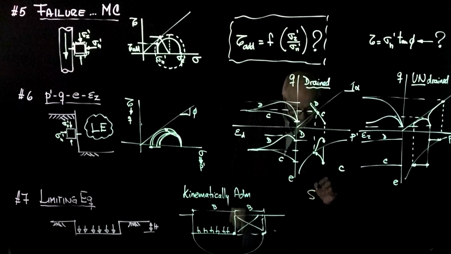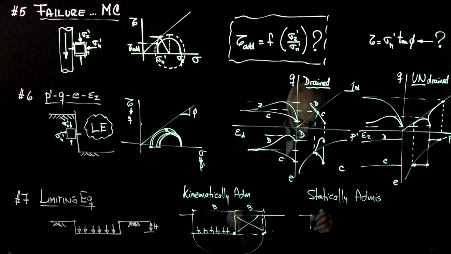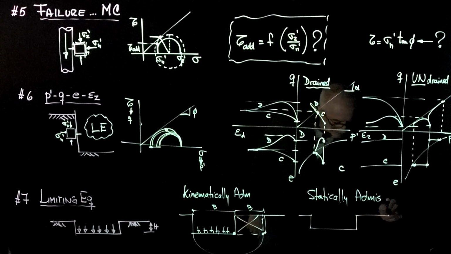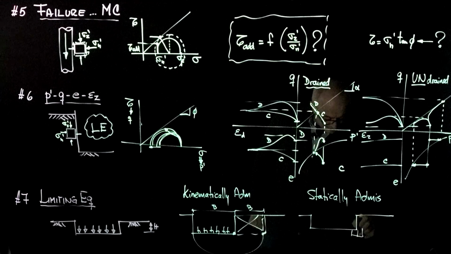The statically admissible one assumes a stress field that is compatible with the failure criterion and with the boundary conditions. So take a look at the element here and the element here, from the outside and from the inside. And this is the load. From the outside, if we start with this element, it already experiences vertical stress which is equal to gamma h, the unit weight of this block above.